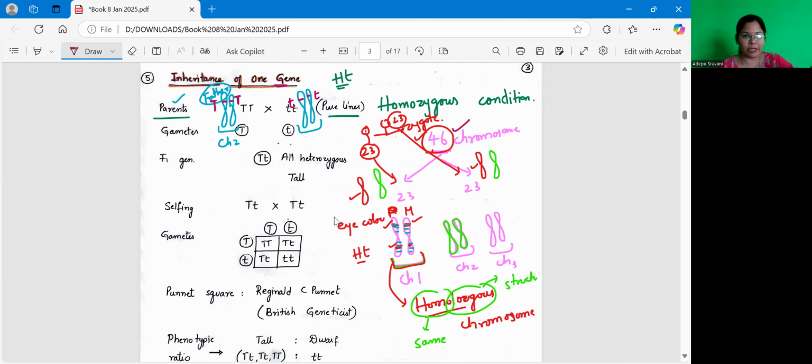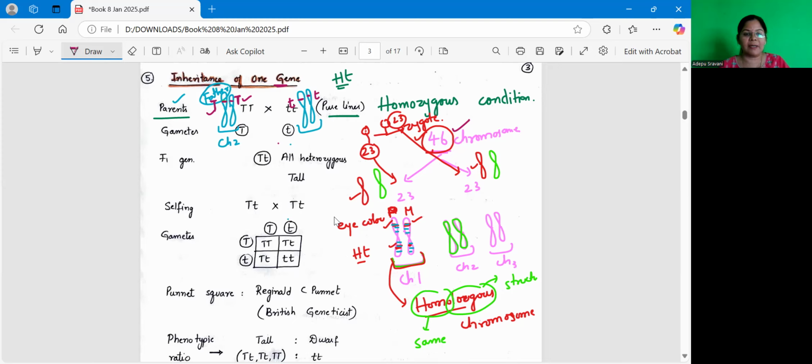So this one T is an allele, the other T is also an allele. So both the alleles will be the same. Now, in a homologous chromosome, if both the alleles are the same, then we call it the homozygous condition. Clear? Homozygous condition. Why do we call it homozygous? That also I'll tell you later.